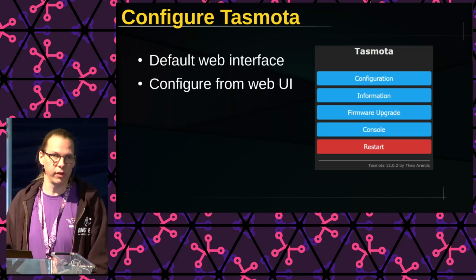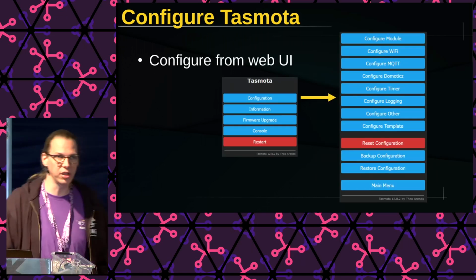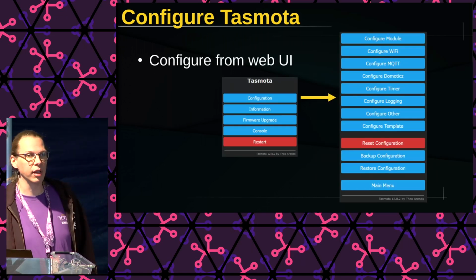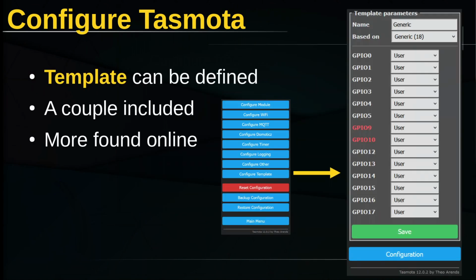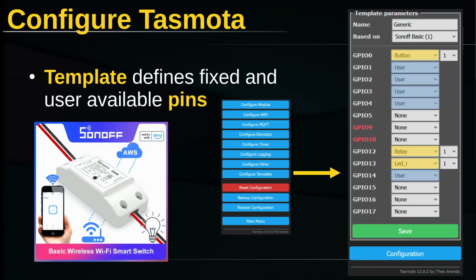And from there is where the fun starts, because now we have a configuration button to actually configure our device, and this can be done with the templates for all the common devices that we already see. And in this template you say, okay, I have this, for example, Sonoff smart relay, and we define it has a button, it has a relay, and it has a status LED, and it's on these and these pins.